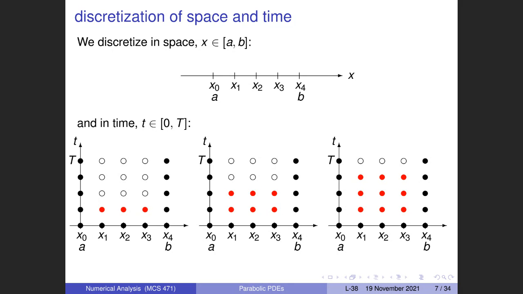So our grid, the discretization of space and time, produces a spacing in time and a spacing in space.